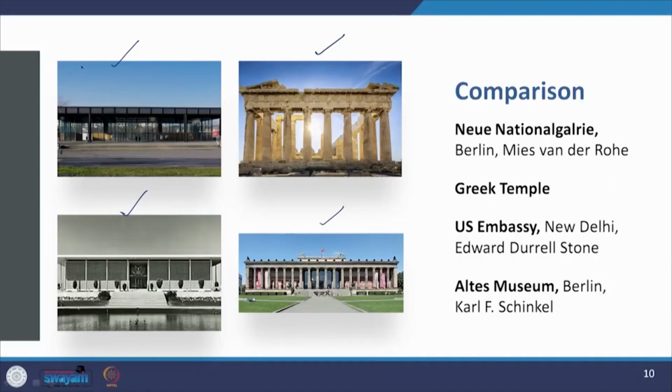The only thing is that the Altes Museum is a very direct reflection of the classical temple facade, whereas the New National Gallery is an interpretation in steel, and Mies did that, whereas in the US Embassy we find a similar concept of symmetrically placed columns, but there is a projection over the entire building to completely shade the facade from the hot sun of Delhi.